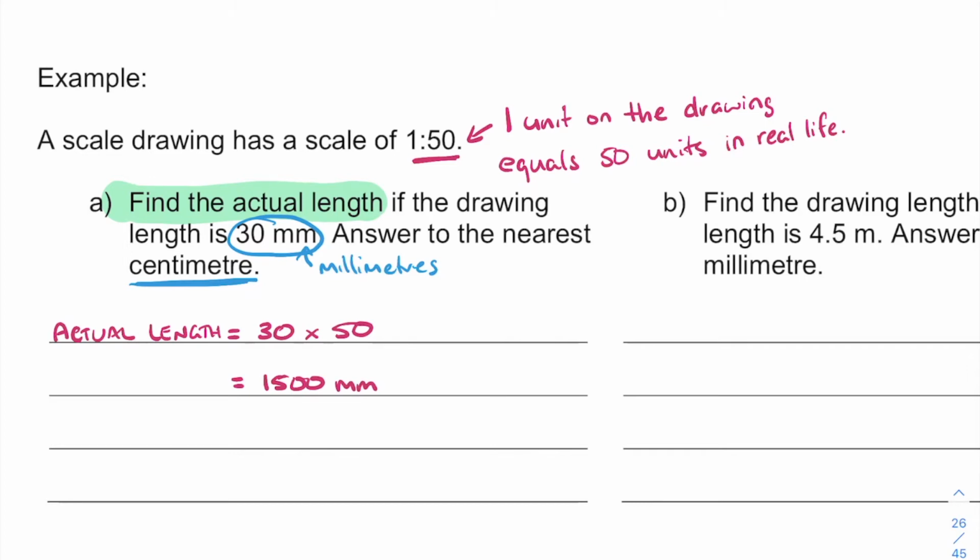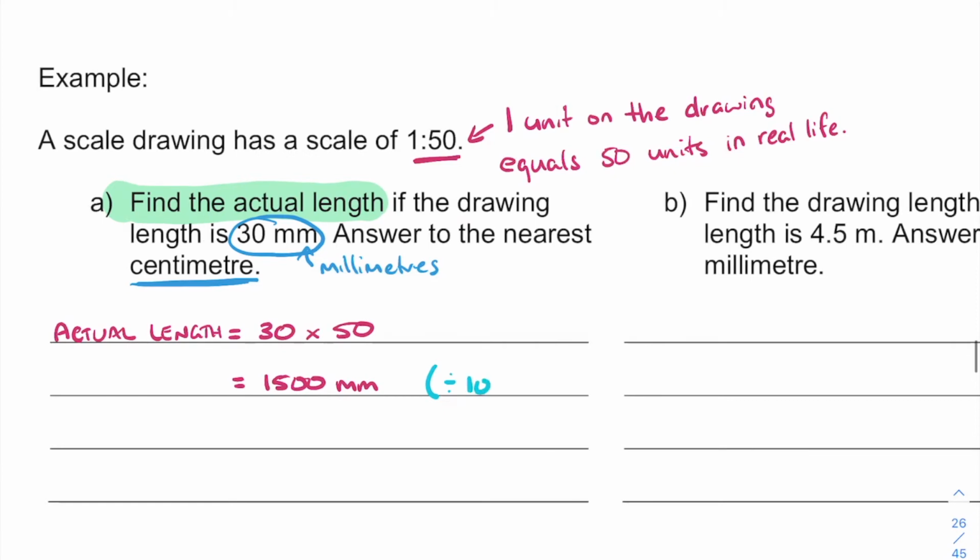millimeters. Now, we've been asked to do this in centimeters, so I'm going to need to divide my 1,500 millimeters to get centimeters. How many millimeters are there in a centimeter? There's 10.